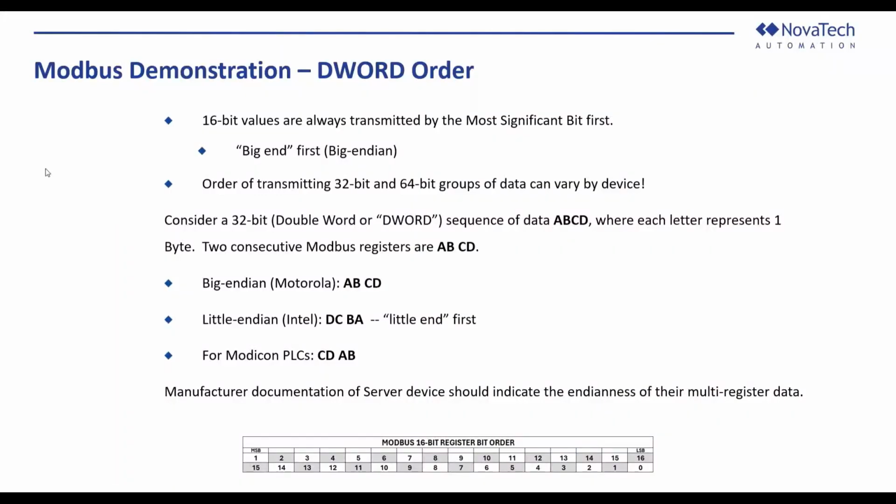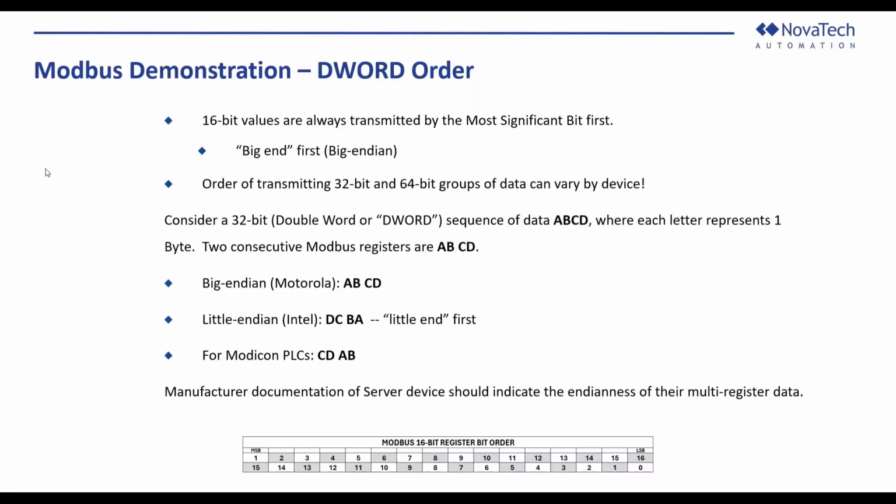It would be A, B, C, D. Now, as Intel started to grow, Intel being used in devices got big. Intel tended to use little endian, and you can kind of see it uses the least significant bit first, and it went in kind of reverse order. So then your order, as far as the bytes go, would be D, C, B, A.